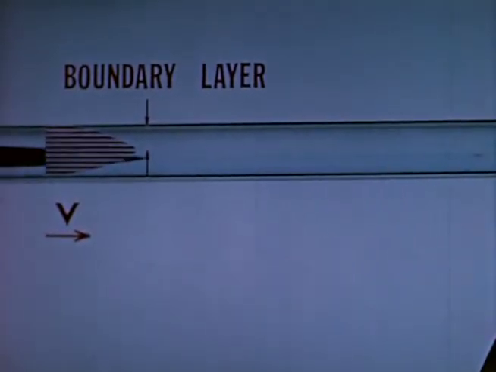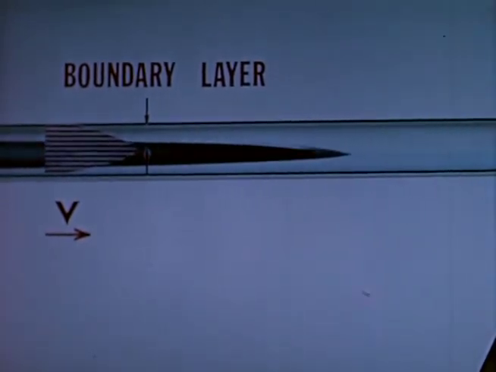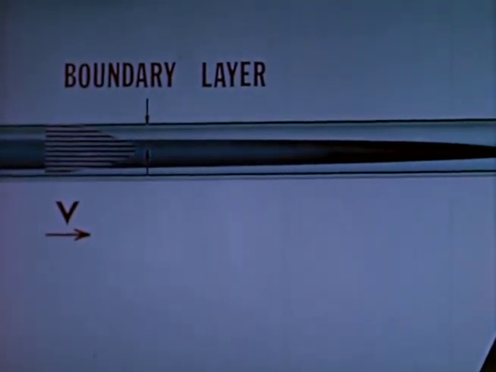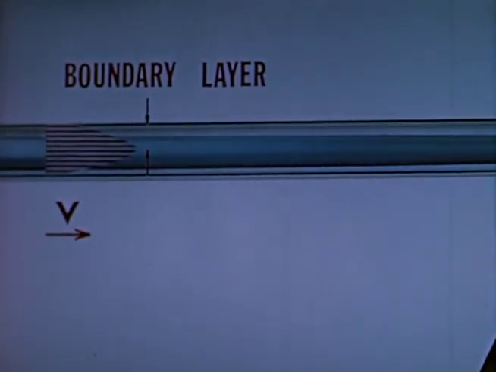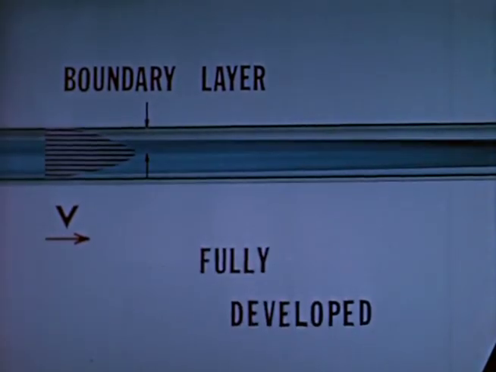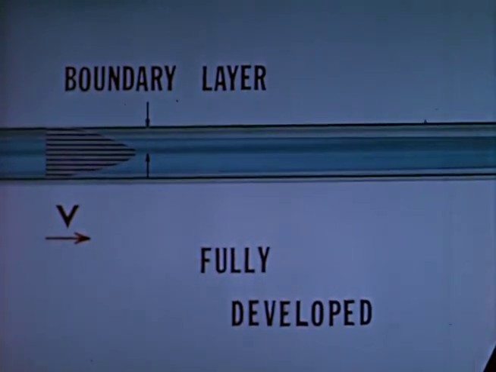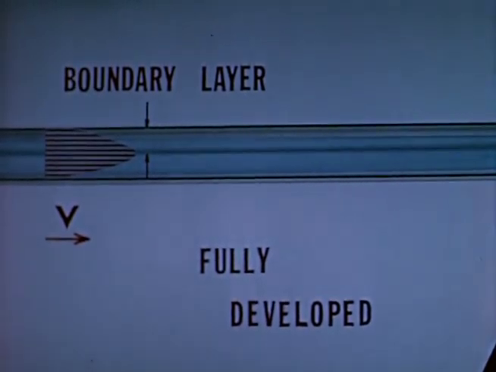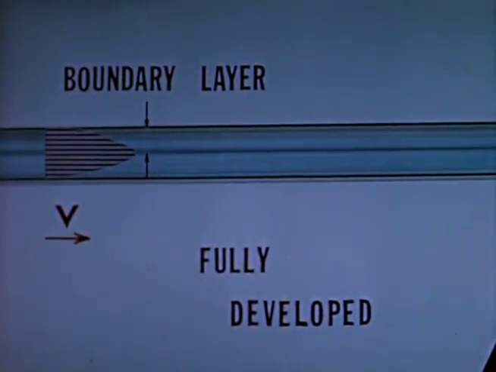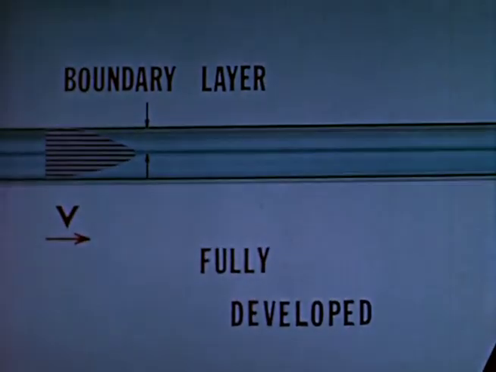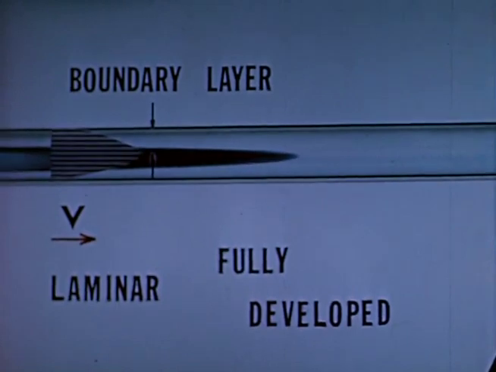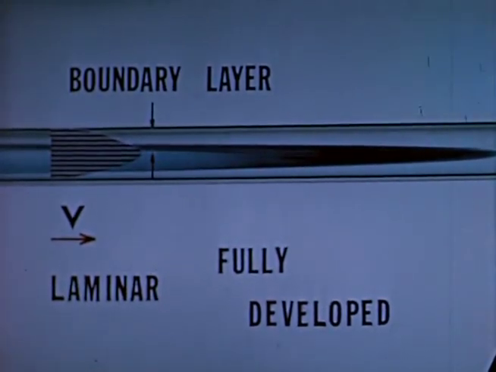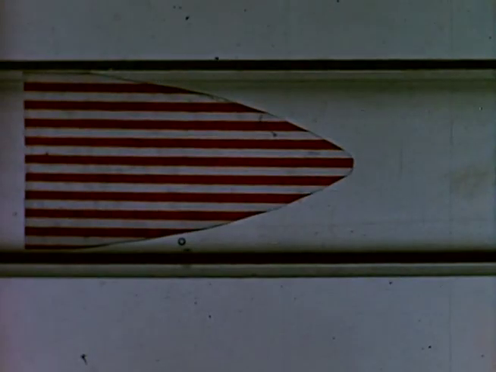The boundary layer grows to the center of the pipe, and the core disappears as the fluid moves downstream. There can be no further growth thereafter, and the boundary layer or flow is said to be fully developed. These pipe velocity profiles have been produced by laminar flows and are typically parabolic in shape.